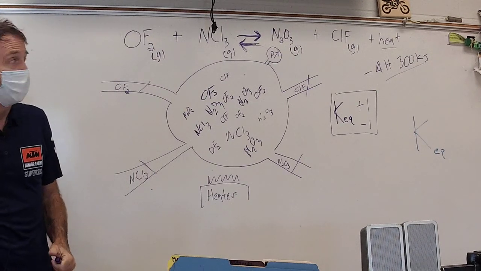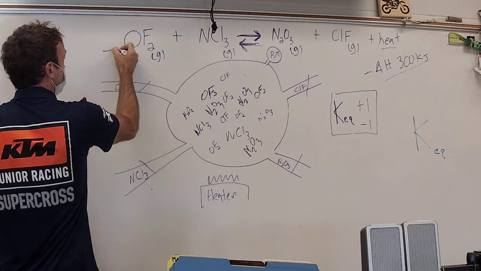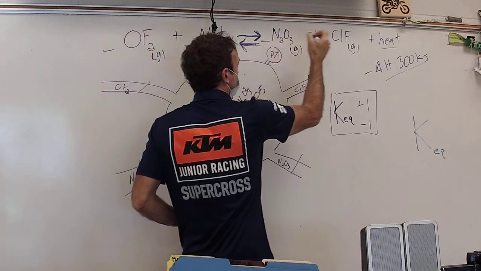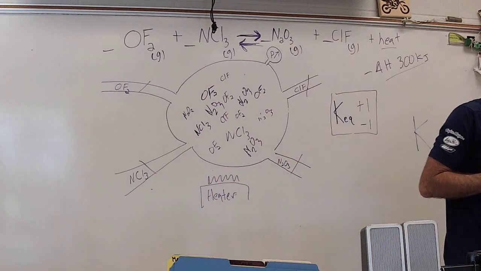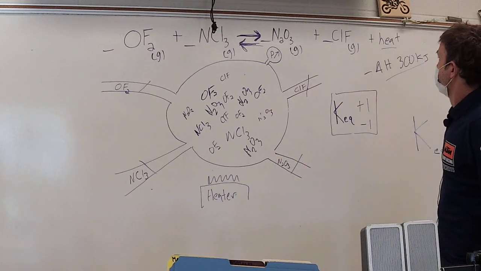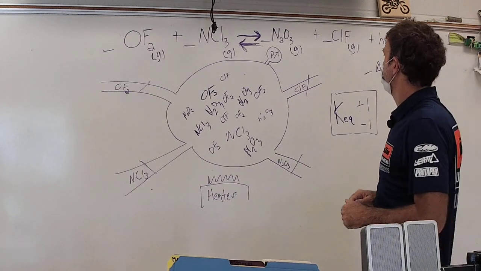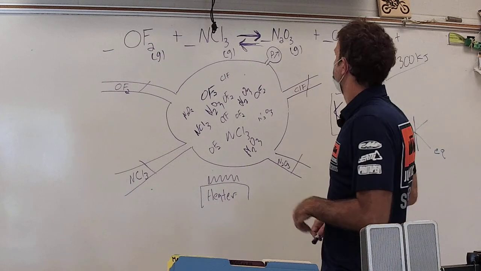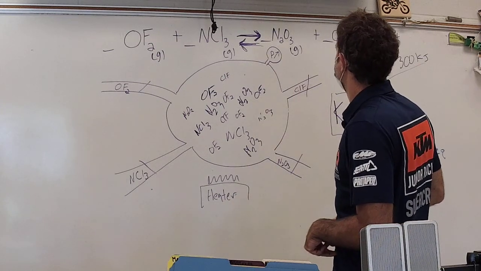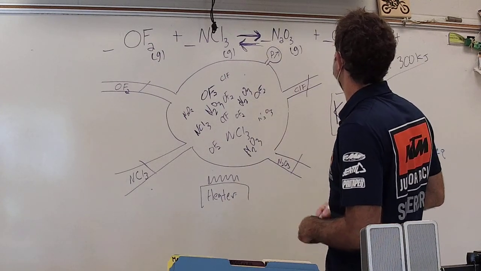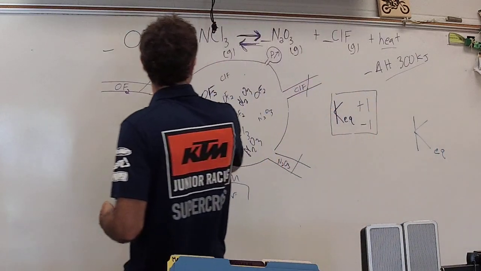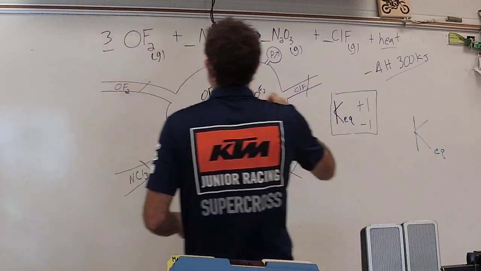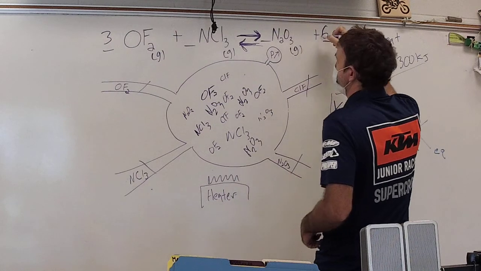All right, now, one thing I should have done already is balance this. And I have to balance it to answer the rest of the questions. Let's see here. I've got a 3 there, 3 there, 3 there, maybe 6. I hope I can pull this off. 3, 6.